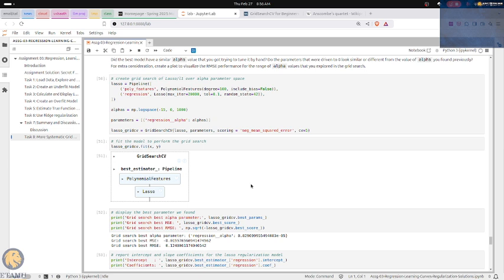Among those 1,000, the best one it found for the lasso in this case ended up with a 0.12. The one I showed by hand was about that, about 0.13. So it seems like you can't get it below 0.1, at least I couldn't, using the lasso regularization.